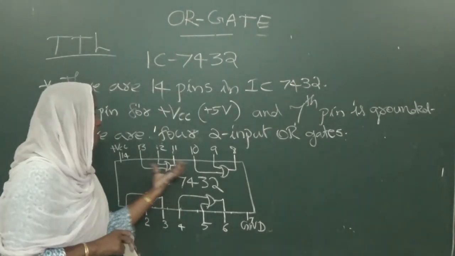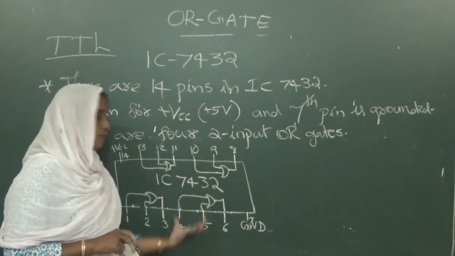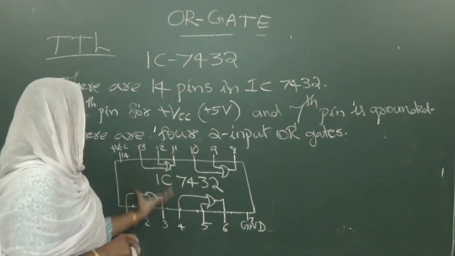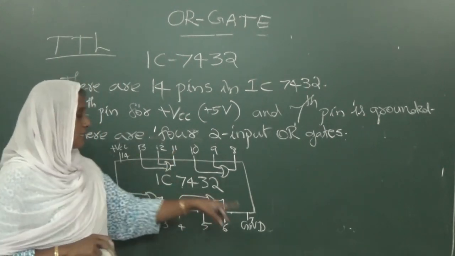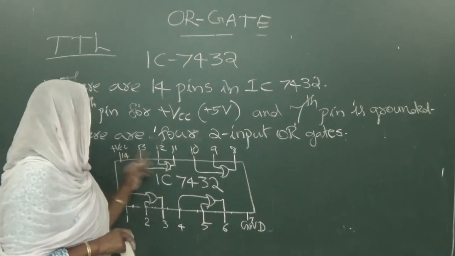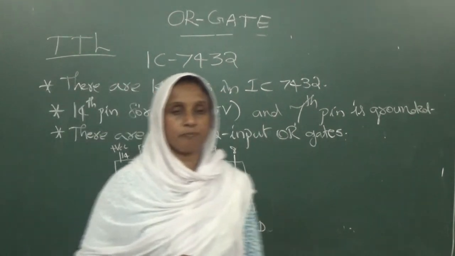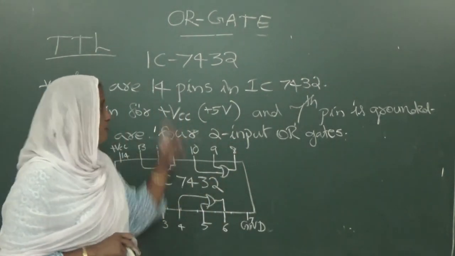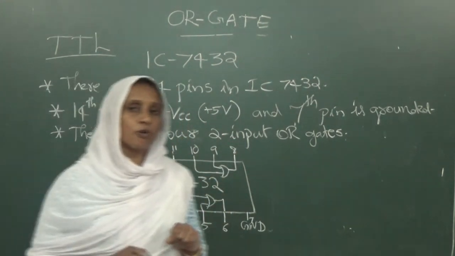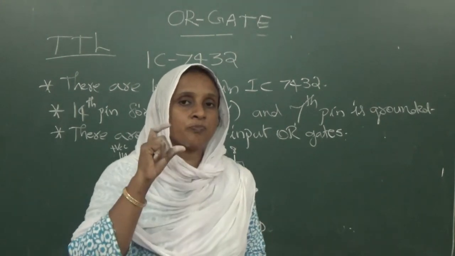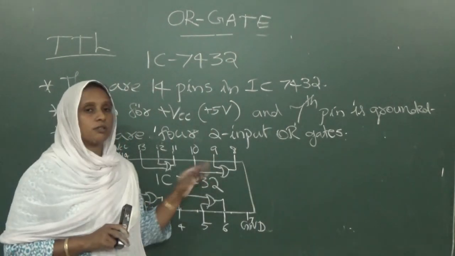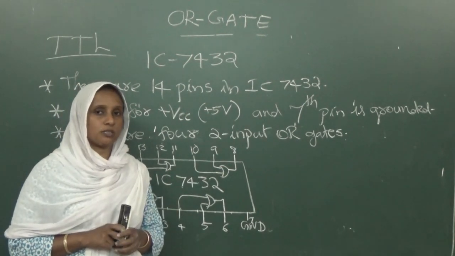Otherwise, these 4 units are separate entities. The 4 OR gates are separate entities, but they get plus VCC and ground in common from the 14th and 7th pins. Okay, this is the TTL circuit. So, if you have one IC 7432, you will get 4 OR gates with 2 inputs in this TTL diagram.